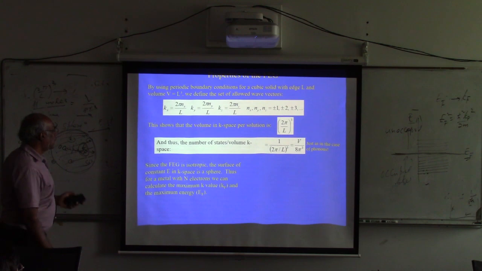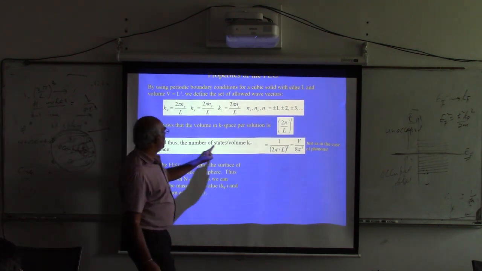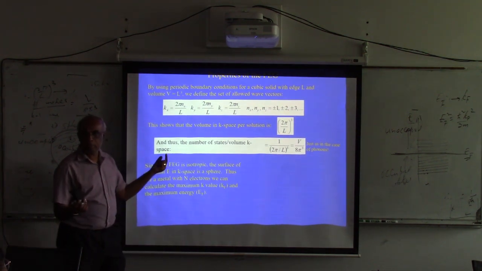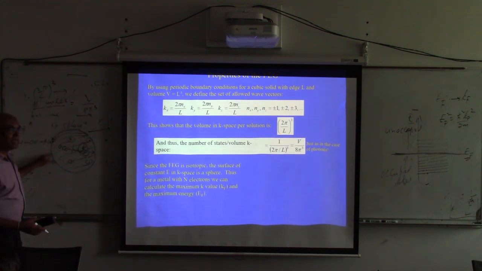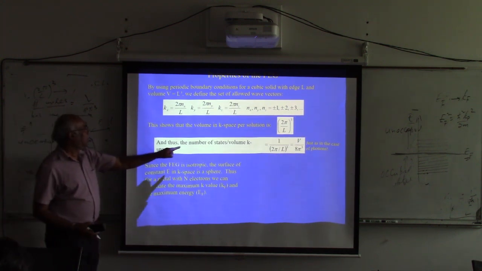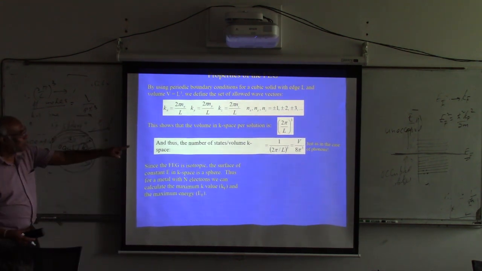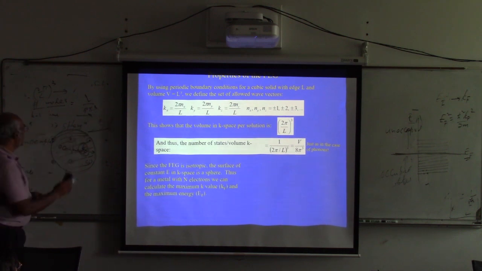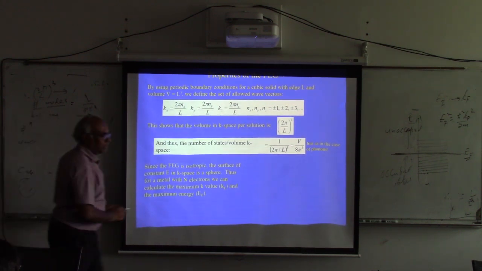So now you can easily calculate, we know this is the number of states per k space, right? So if you consider this one, how many total modes will be there? That one times 4/3 pi k cubed, right?